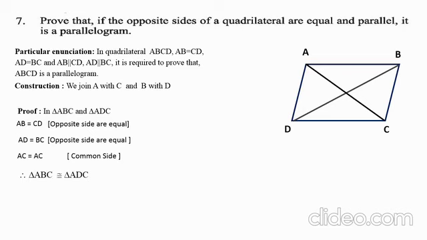Now triangle ABC and triangle ADC are congruent, by the SSS theorem. As these two triangles are congruent, we may say angle ABC is equal to angle ADC. Instead of ABC, we may say angle B, and instead of ADC, angle D. So here we get the opposite angles are equal.